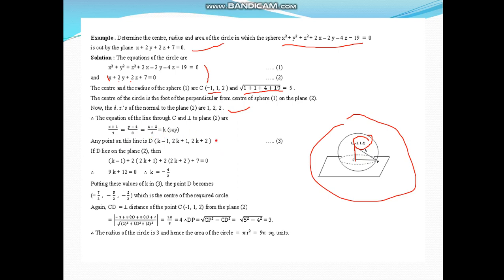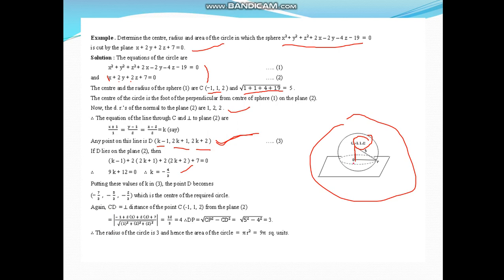From here we can find the values of x, y, z. This point lies on this line, but we have to find the coordinates of the point which is on the plane. So let us substitute these 3 values in the equation of plane. So we will get k. Now put this value of k in equation number 3. So it will be the center of the required circle.